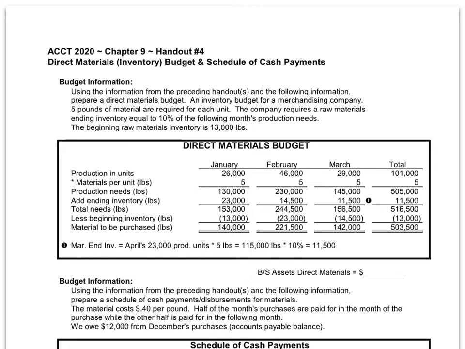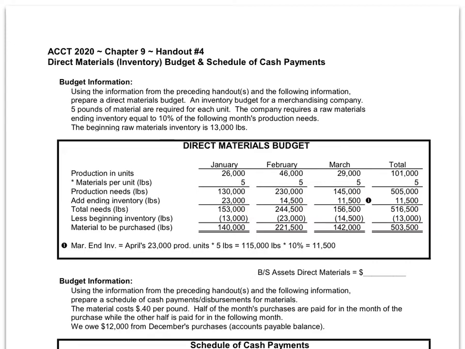Now the ending inventory has got to be 10% of the following month's production needs. So 10% of 230,000 pounds is 23,000 pounds. While we're on this line, 10% of 145,000 pounds is 14,500.